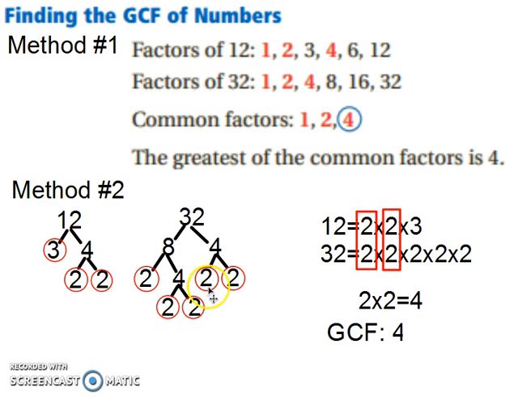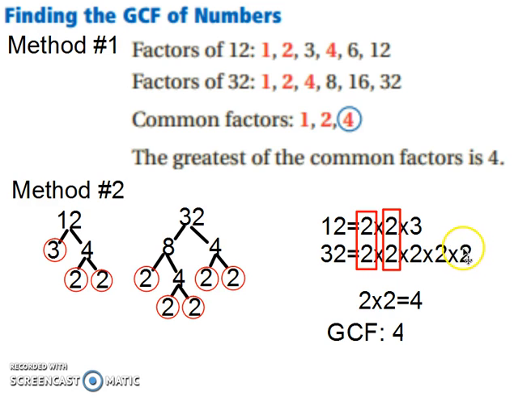And then for 32, we can break it into 8 times 4. 4 breaks down into 2 times 2. And then 8 breaks down into 2 times 4, and then 2 times 2. So the prime factorization for 32 is 2 times 2 times 2 times 2 times 2.